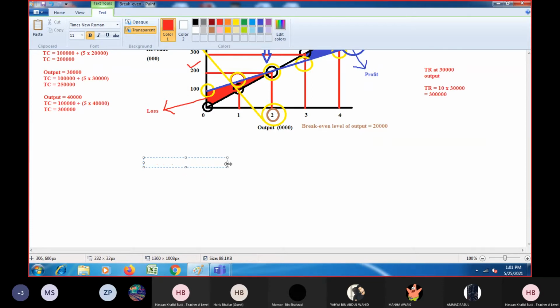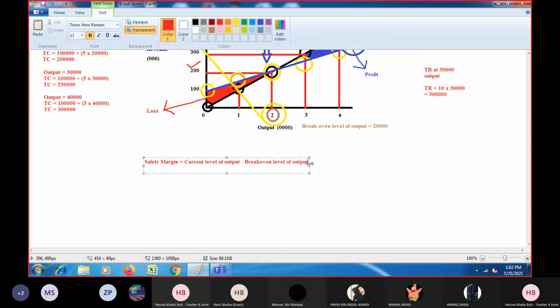Let me first write the formula and then I'll write the definition as well. This is current level of output minus break even level of output. This is the formula of safety margin.